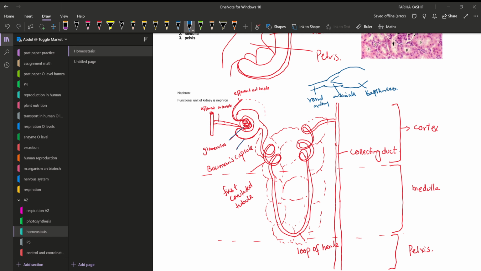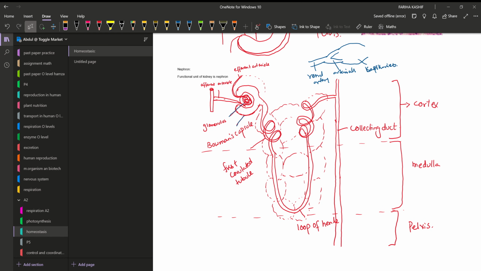Now what is the other part of the nephron? From the Bowman's capsule there arises a tubing which is known as renal tubule. This renal tubule gets coiled up and is known as the first or proximal convoluted tubule, and then it moves forward, and this U-shaped structure is known as what? Loop of Henle, and then again the distal convoluted tubule.